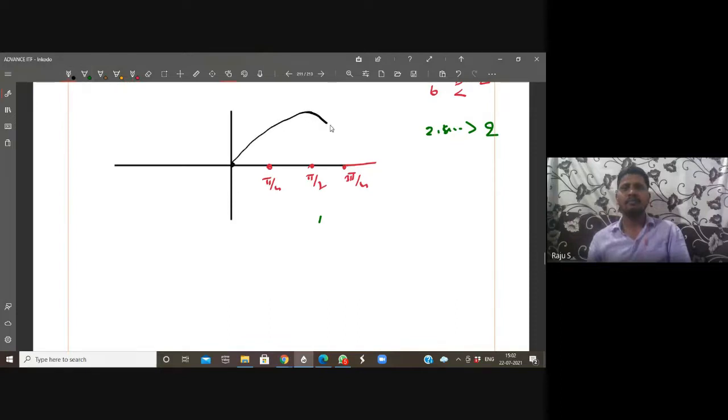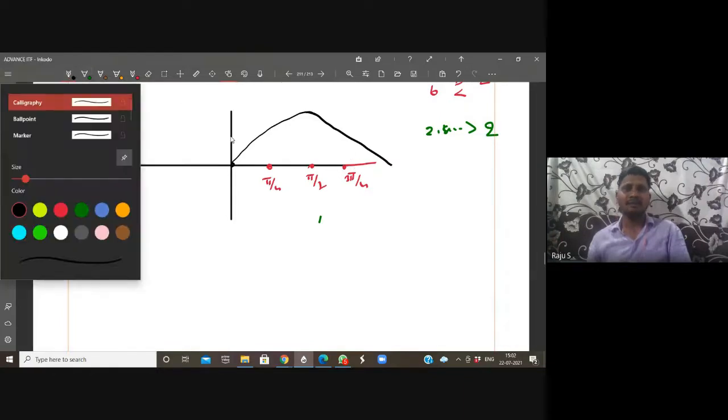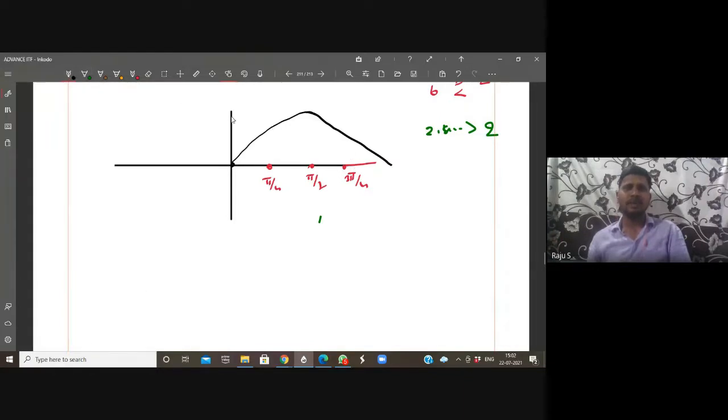But when we see the cos graph, cos will be 1. See here, when you observe, pi by 4 to 3 pi by 4.